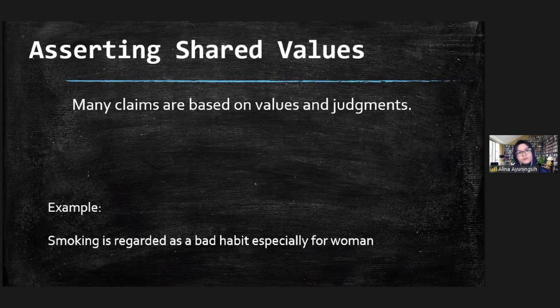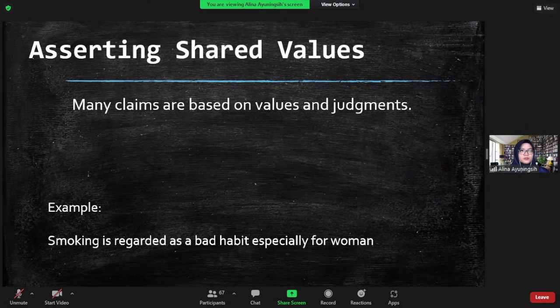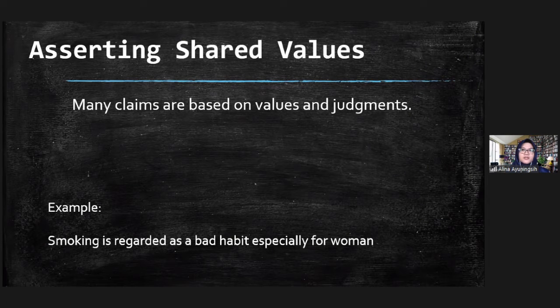So again, the difference between shared values and shared beliefs is that shared values happen only in one part or some parts of the world, but shared beliefs apply to the whole world and people know about them.